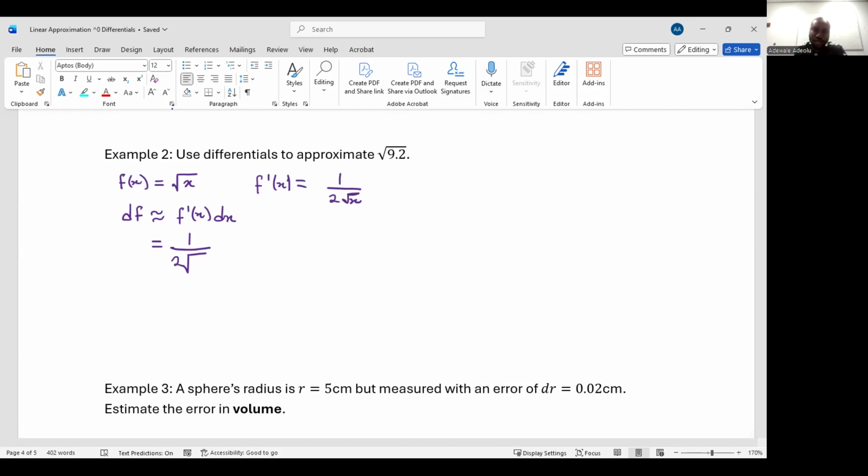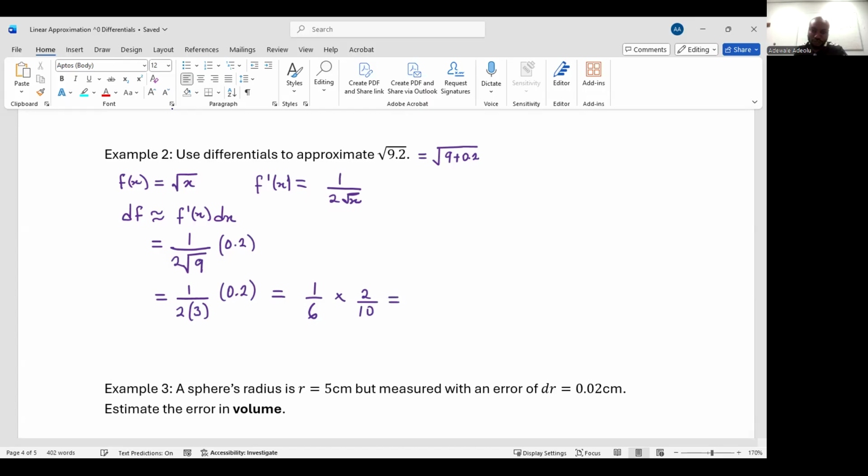In this case, I can write 9.2 as 9 plus 0.2. So I'll claim my x is 9, and I will consider dx as 0.2. So which is 1 over 2 times 3 multiplied by 0.2, which is 1 over 6 times 2 over 10.